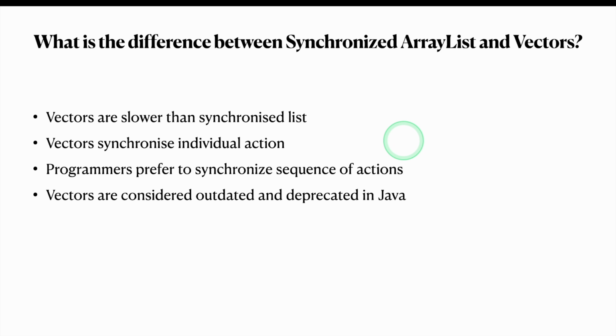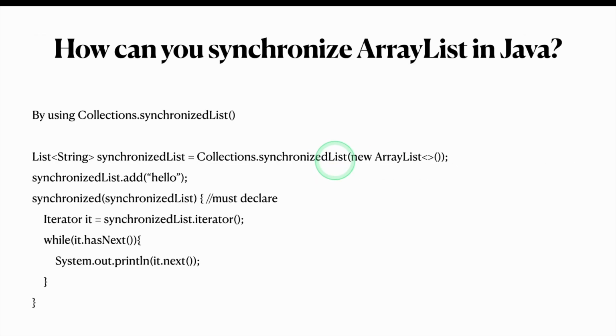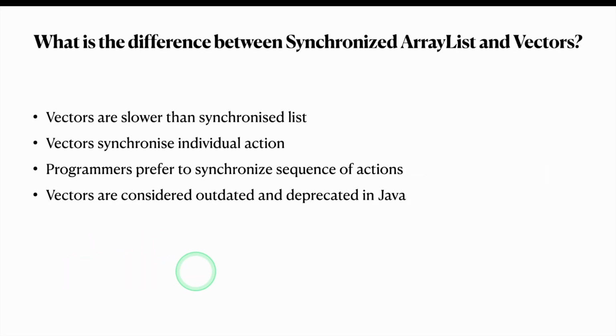He will just prefer to synchronize a sequence of actions like this. But in case of vectors, every method is synchronized, so a lock is taken on every action. That makes vectors slower than array list. So vectors are considered outdated and deprecated in Java. Most programmers nowadays prefer synchronized array list over vectors.